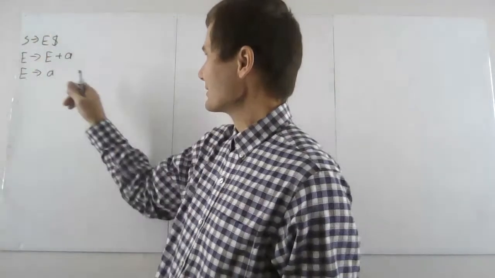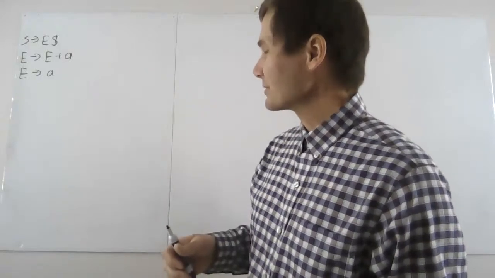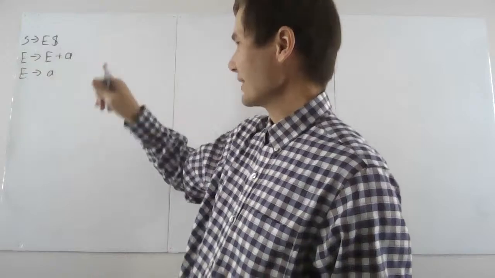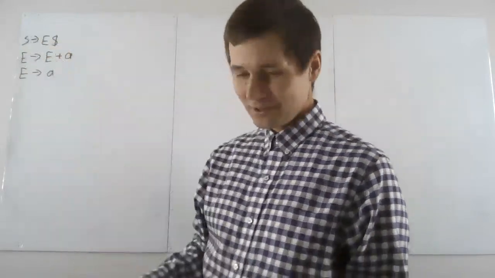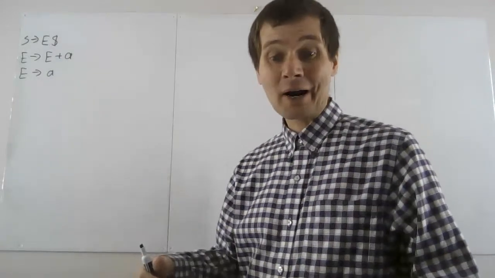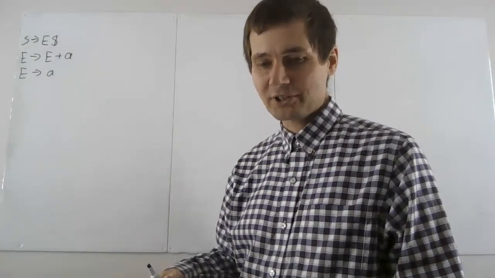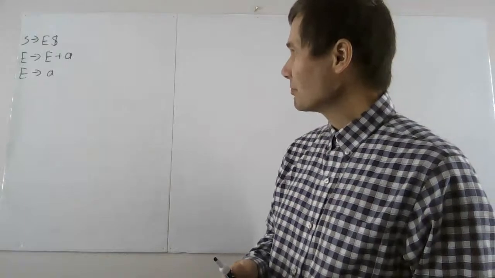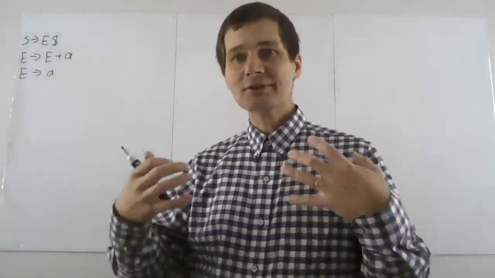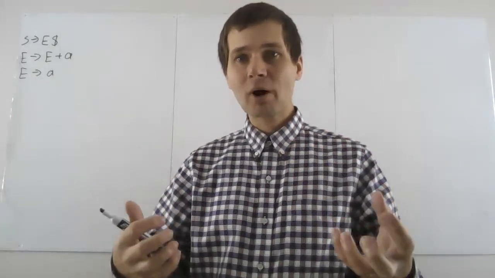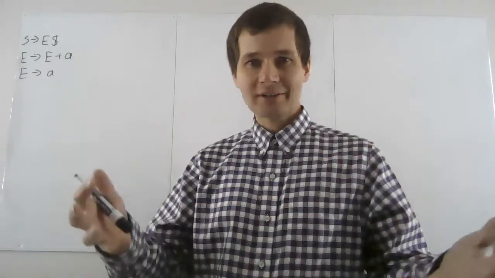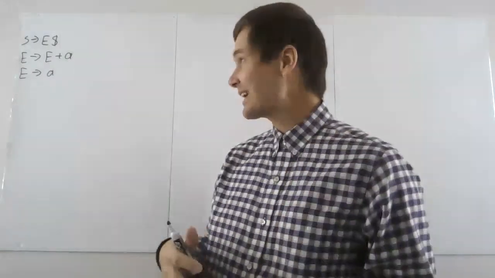And so this grammar generates words like, well, A, or A plus A, or A plus A plus A, with the dollar sign at the end, right? So you can think of this as the beginnings of a grammar for arithmetic expressions. Okay, and so maybe as an exercise, you could try and do the LL1 construction for this grammar. It will fail, but you will see how it fails.